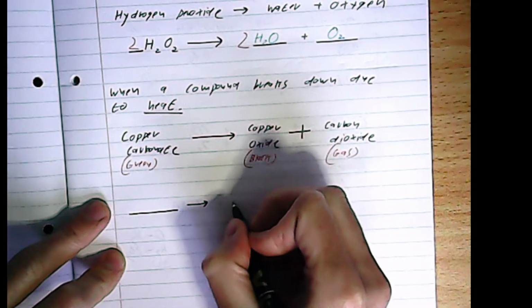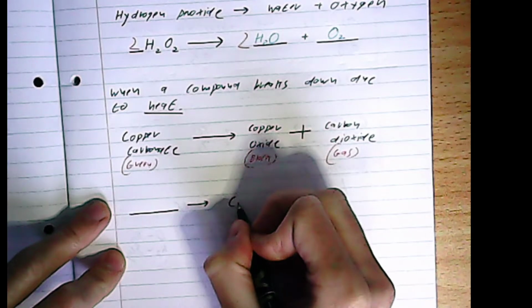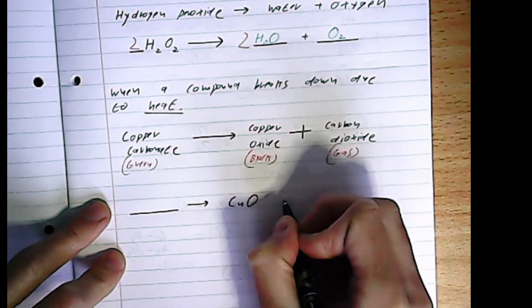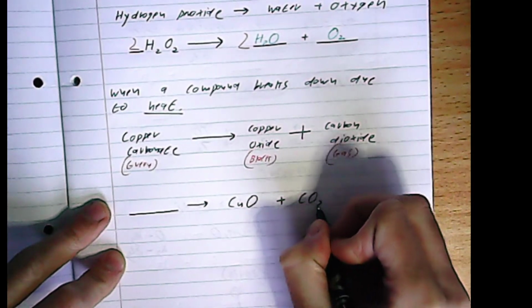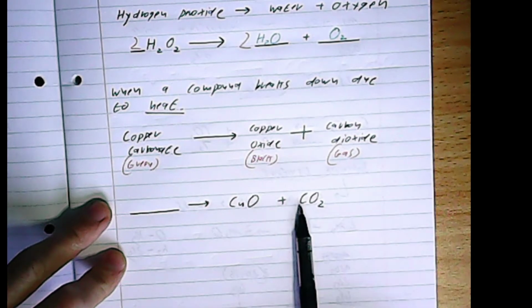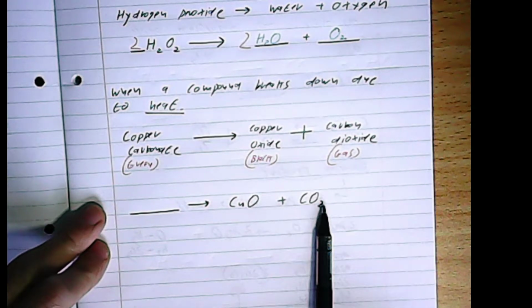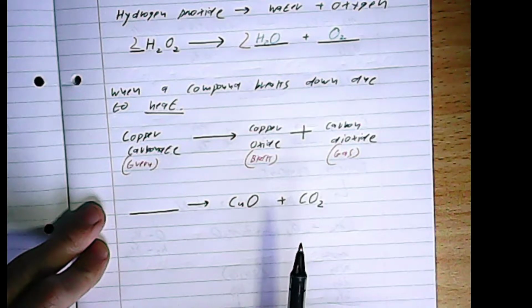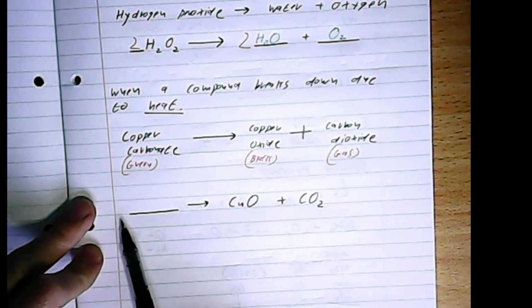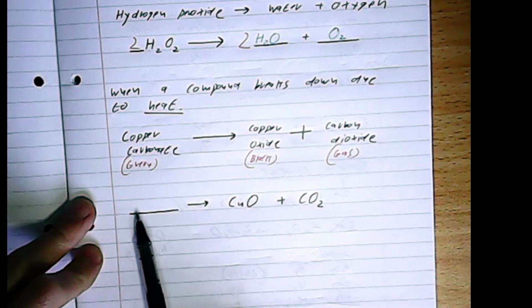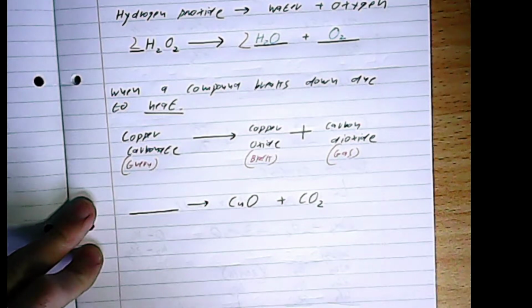Copper oxide is nice and simple, that is just CuO. And carbon dioxide, as you should already know, is CO2. Like I said, the formula is already balanced, so we don't need to add any big numbers. What I'd like you to do is pause the video and figure out what the formula for copper carbonate is.